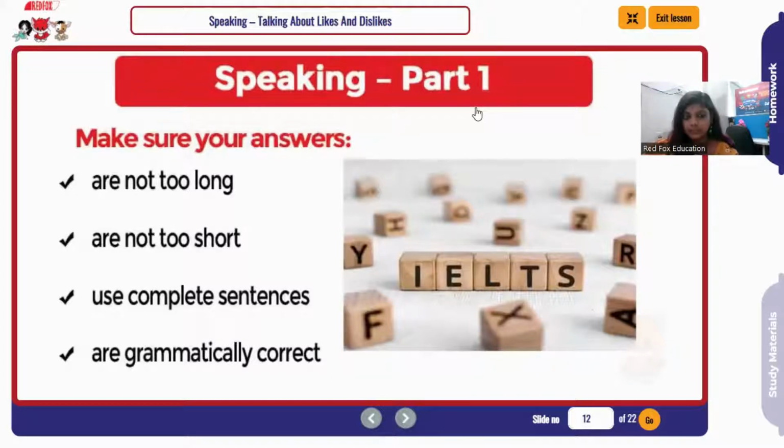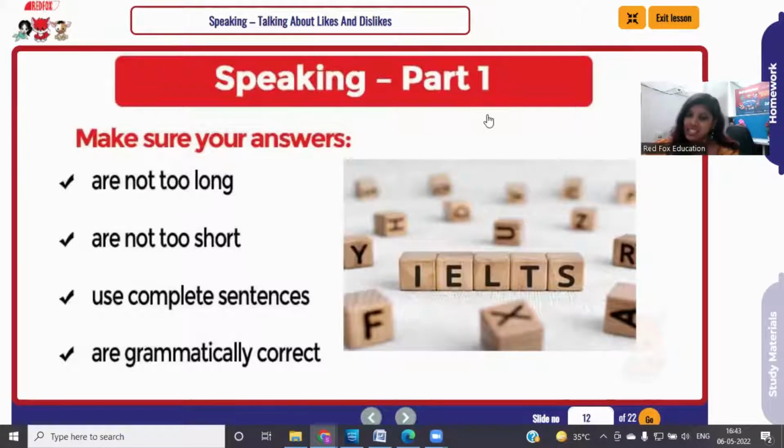It's essential that you use complete sentences that are error free in grammar. You should not speak for more than two sentences. One sentence will be too little, but two, and very rarely three, is enough. Please do not use four or five sentences.